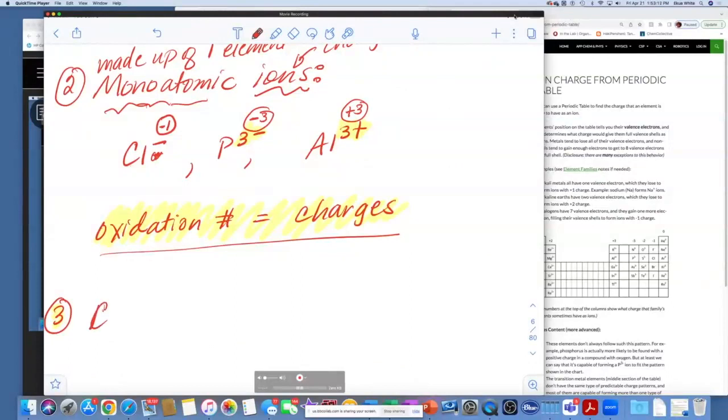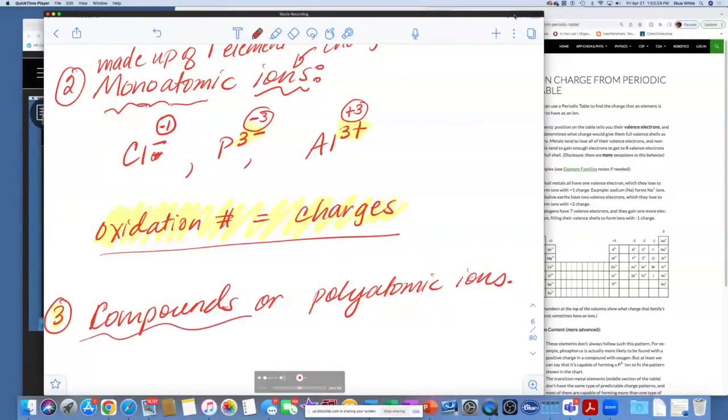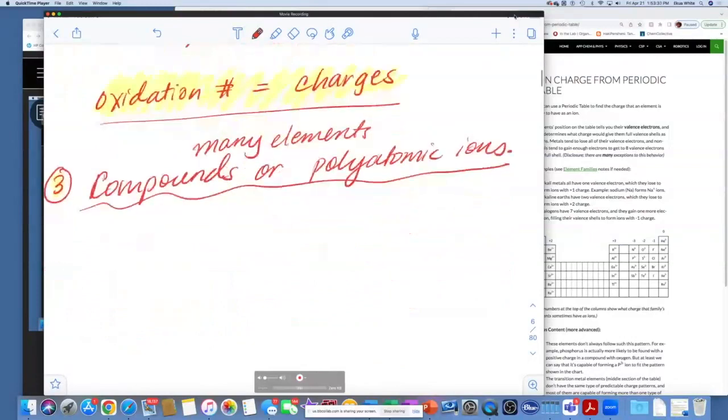In this case, we're dealing with either compounds, so you have many atoms combined together, or polyatomic ions. So what do these have in common? They have many elements combined together chemically, right? So how do you handle that?